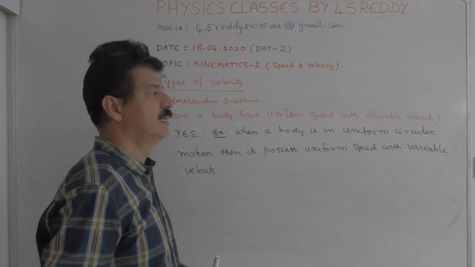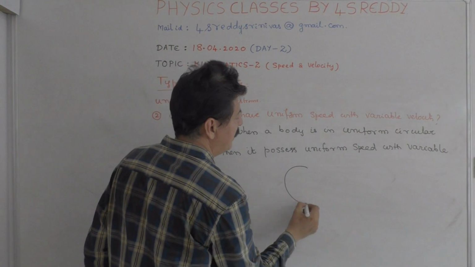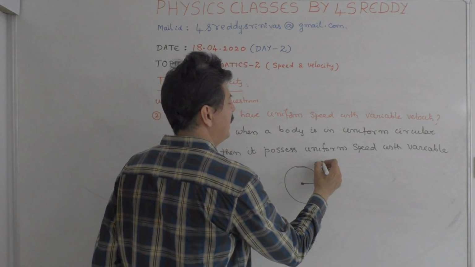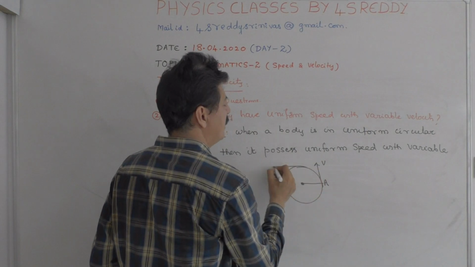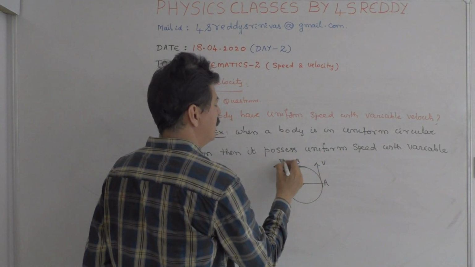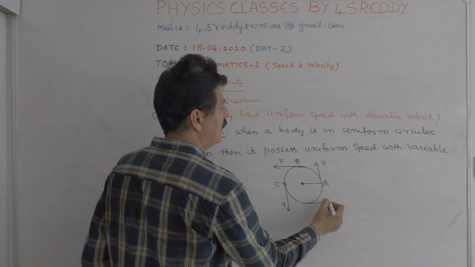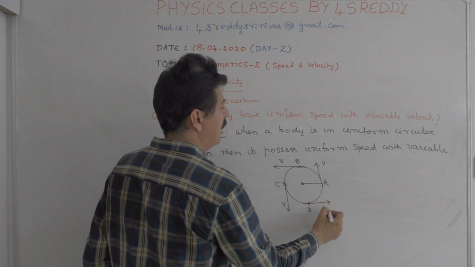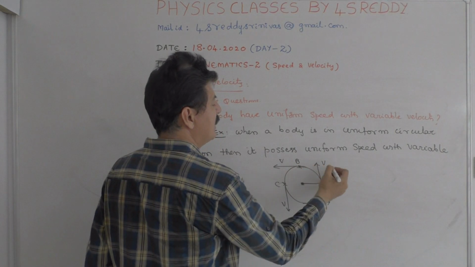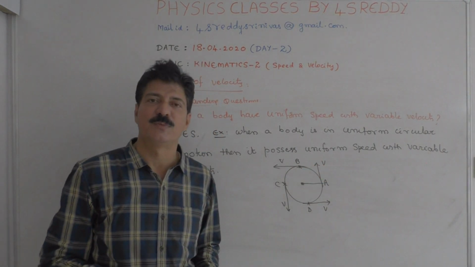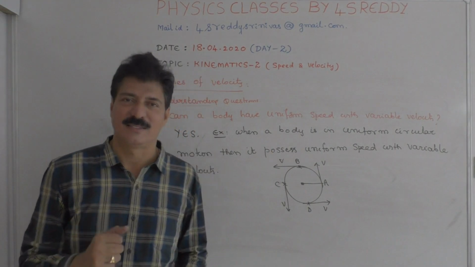This is an important thing. Generally, at every point the magnitude is the same, but the direction of velocity is different. So, at every point the magnitude of velocity is the same, but the direction is different, so the body moves with uniform speed with a variable velocity.